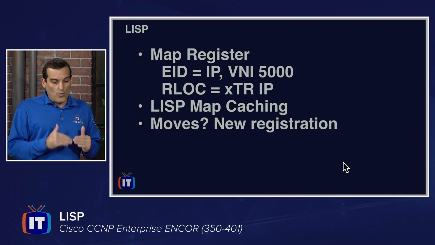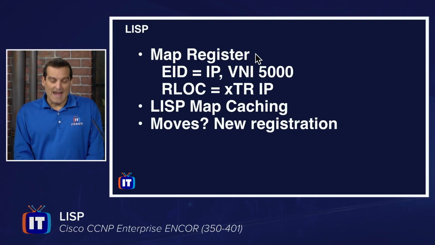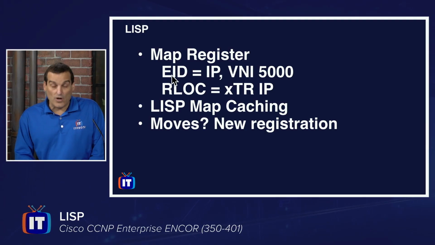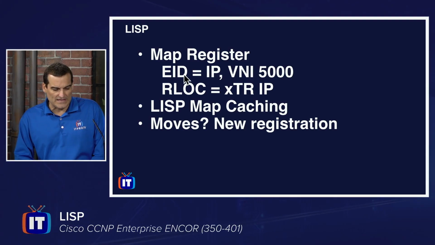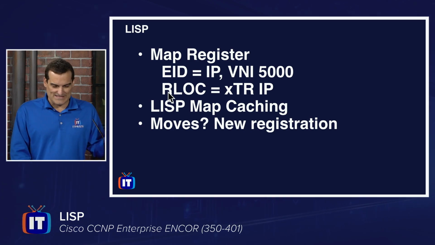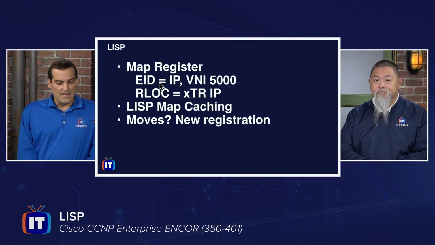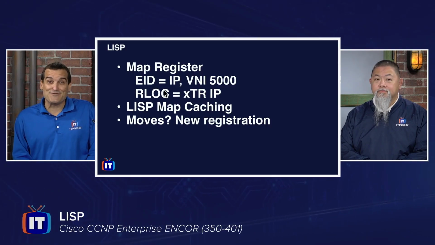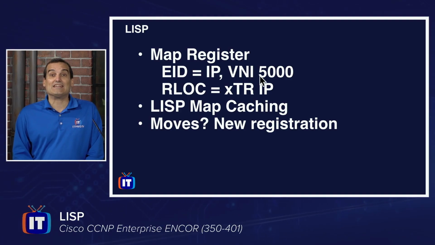So what we have is a map register entry, and it has an EID, endpoint identifier, I believe, and then an RLOC. If you could tell us what that stands for. Router location. I always just call it the RLOC. So in this map register information, we have the IP address and the VNI, that's the virtual network identification.